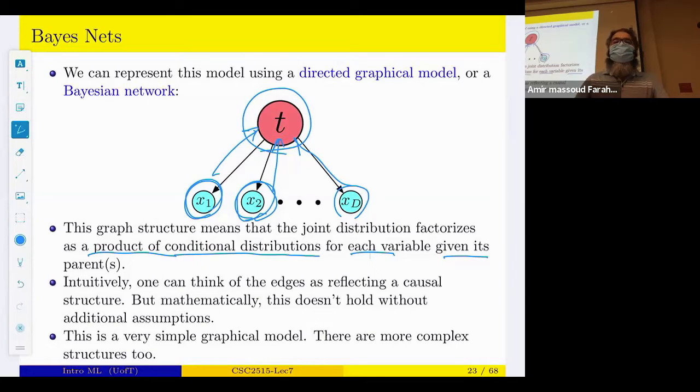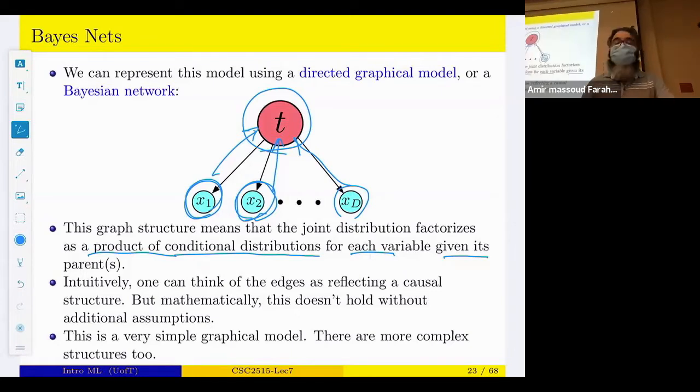But mathematically, just from having a probability distribution, we can't really infer anything about the causal structure of some variables. We can say there's a physical process that, given t, generated x1 in a particular way. But with some additional assumptions, we can say that.